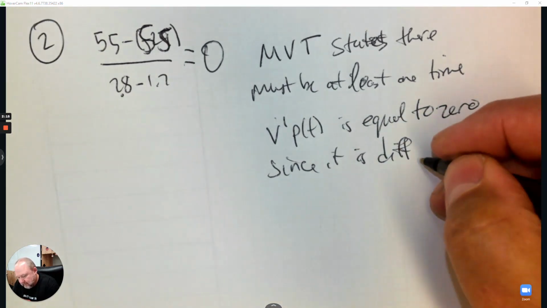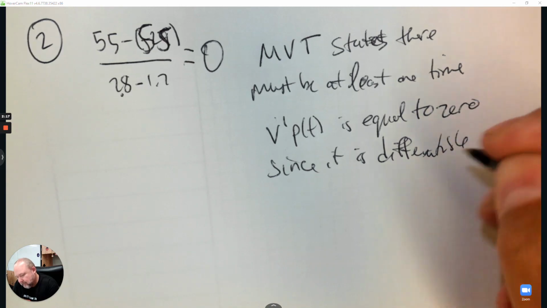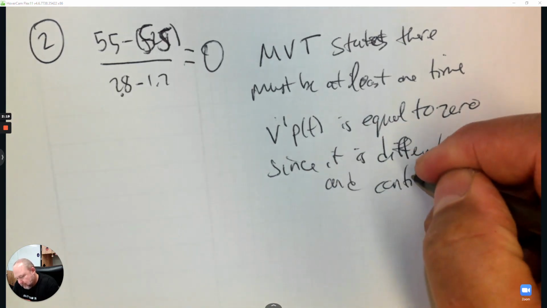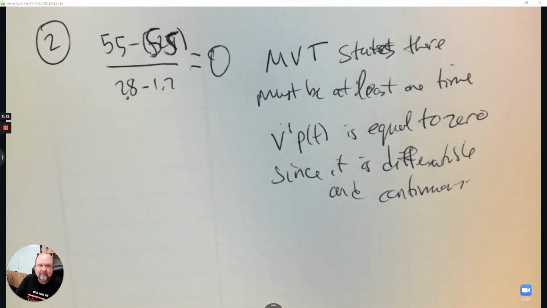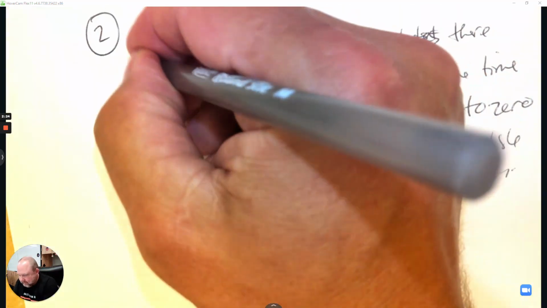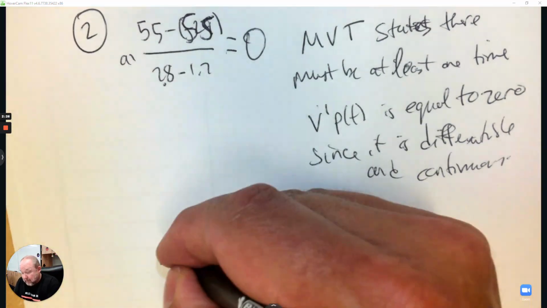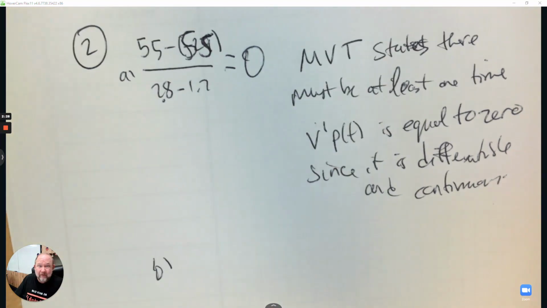Differentiable and continuous. All right. There's part A. Part B. Part B might be easier at first because you get a better sense of what you're doing right away.